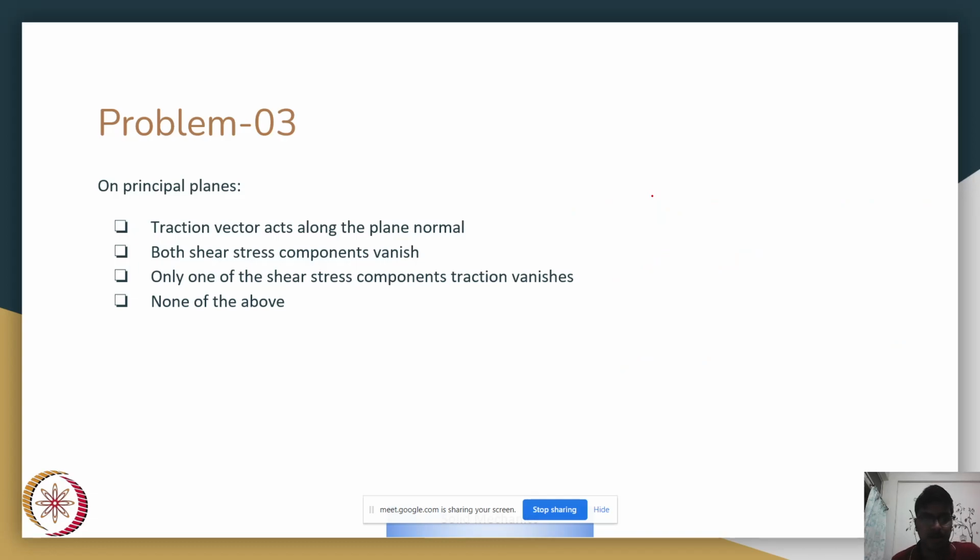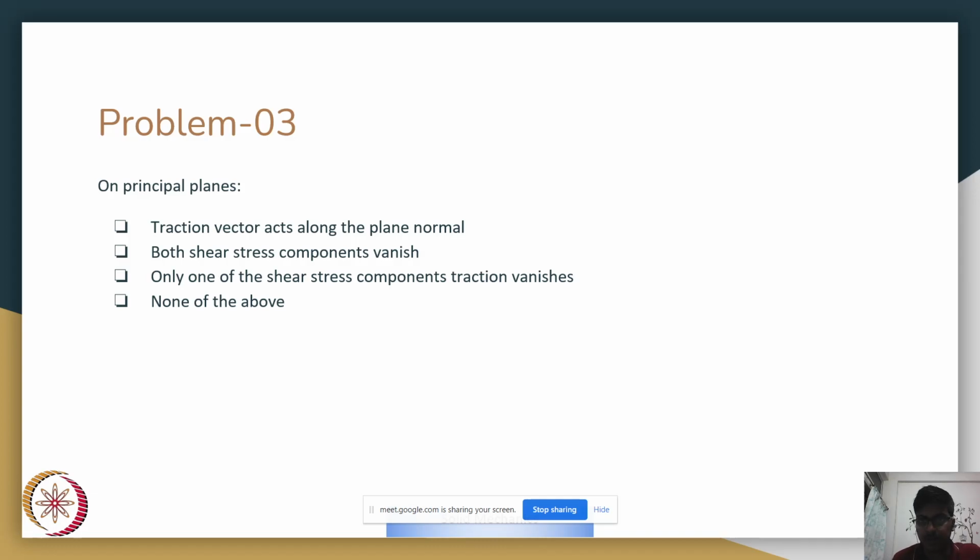Third, okay, the third question on principal planes, which of the following statements holds true? So, anyone wants to try this? Traction vector acts along the plane normal. Correct.